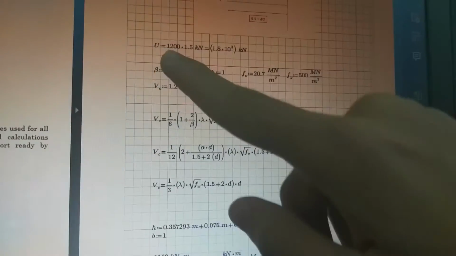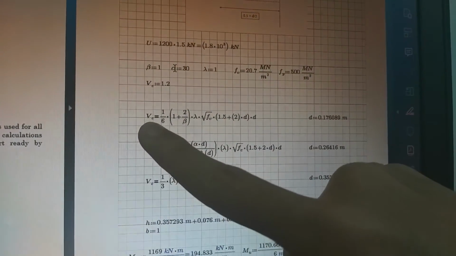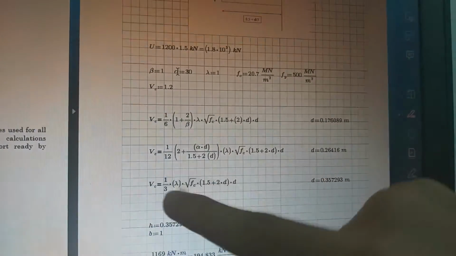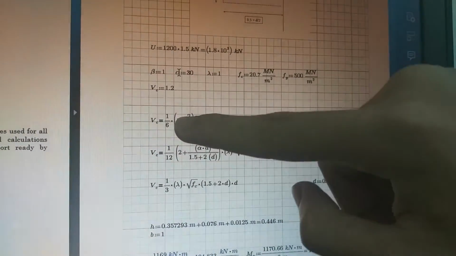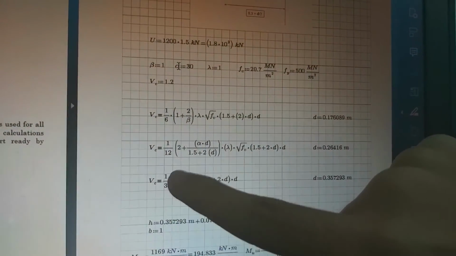After we got the U value, where beta, alpha, lambda have already been given, we put them inside this formula VC, where you have three formulas of VC, where the difference is the first VC is 1/6, the second is 1/12, and the third one is 1/3.